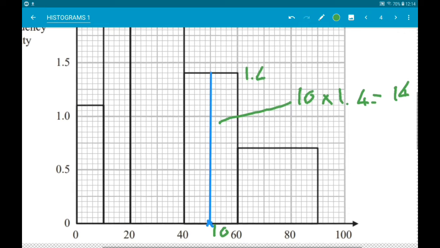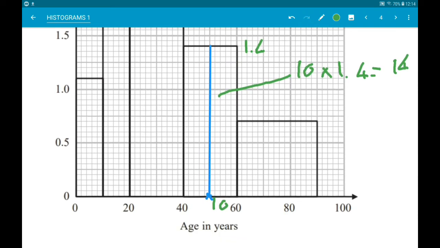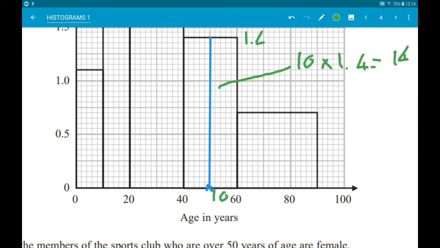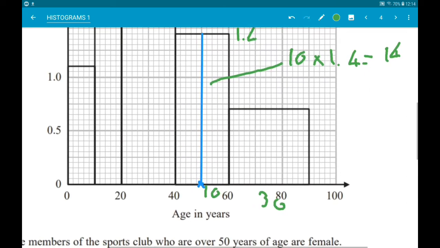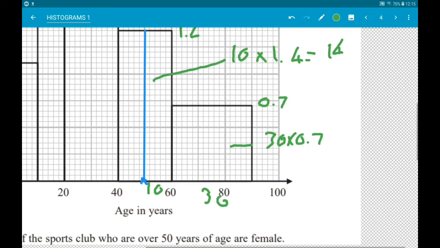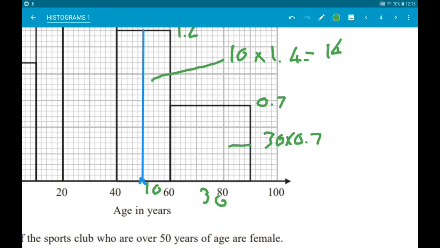Okay, and then for the last bar, our interval width is 30. And our frequency density is 0.7. So 30 times 0.7 is 21.